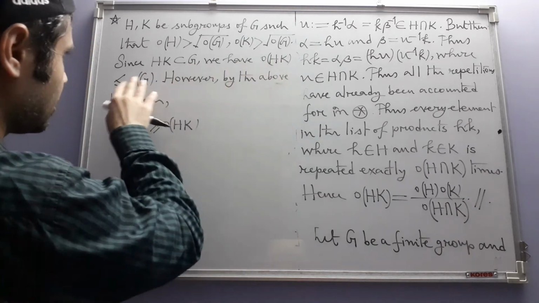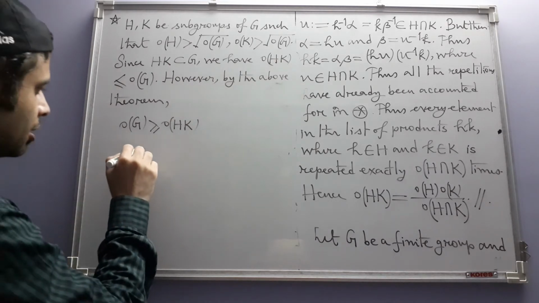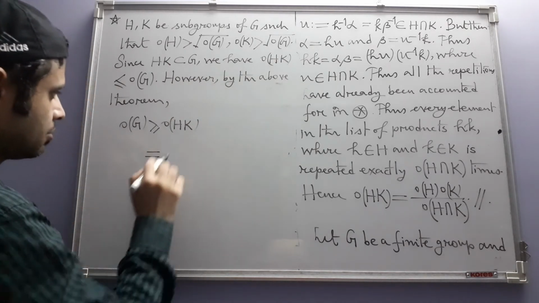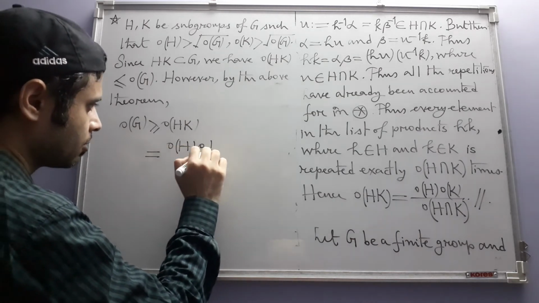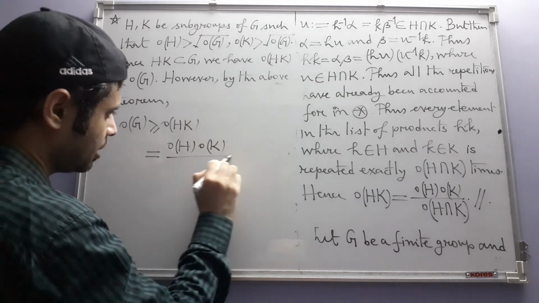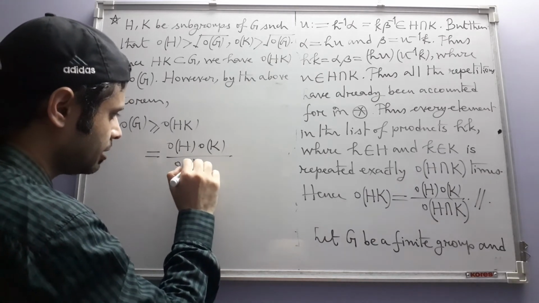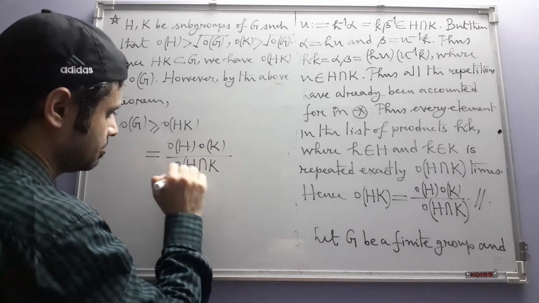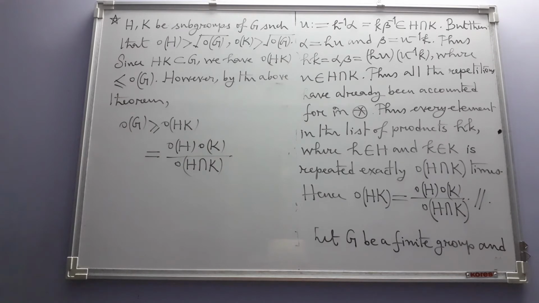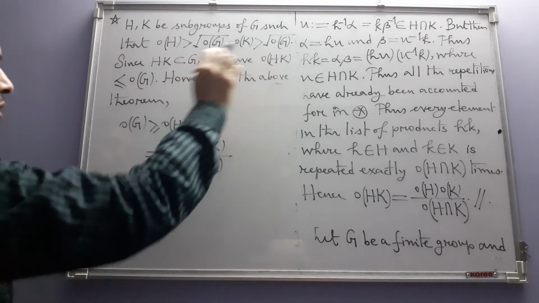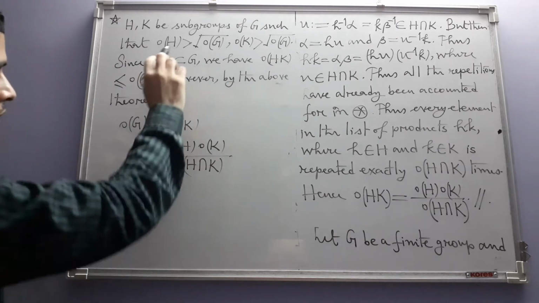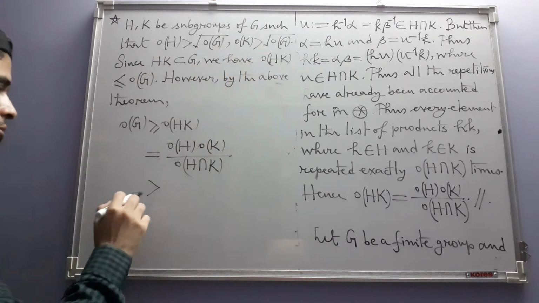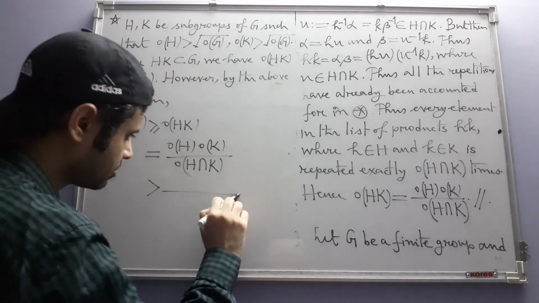Order of Hk by the above theorem is order of H times order of K divided by order of H intersection K. Now we use these inequalities that we are given. We have strict inequality in both the cases, so we have strict inequality here also.